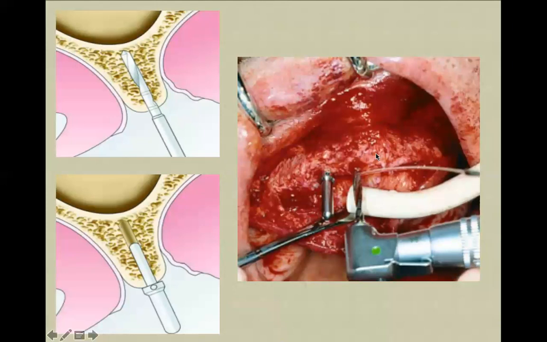Well, once you indicate the site of the drilling, you are using a pilot drill. This pilot drill is more or less the standard within most of the implant systems. Its diameter is around 2.2 millimeters.